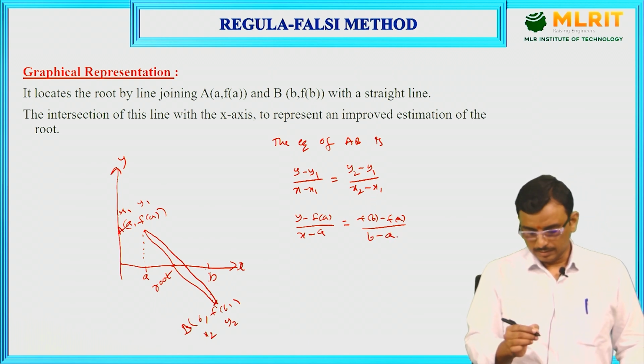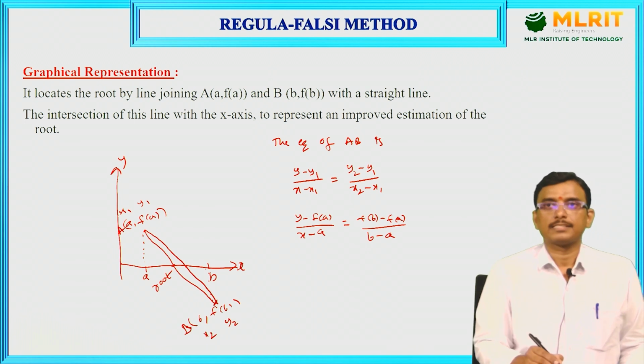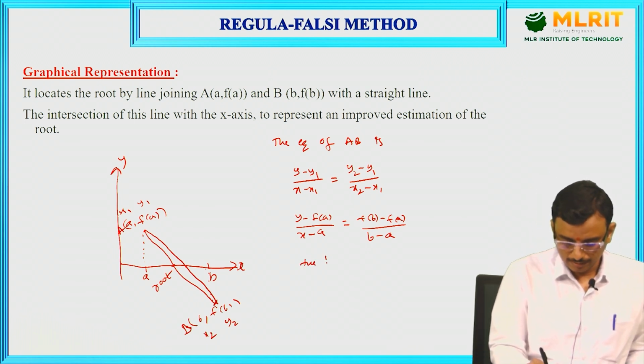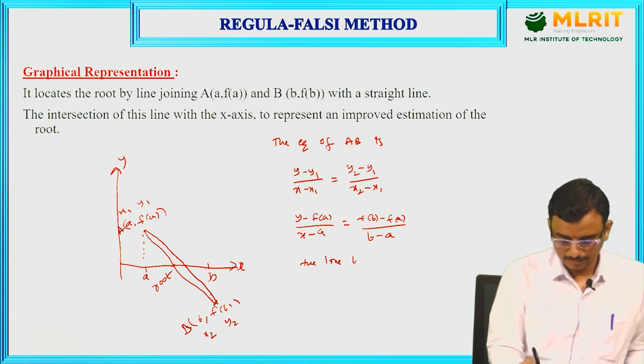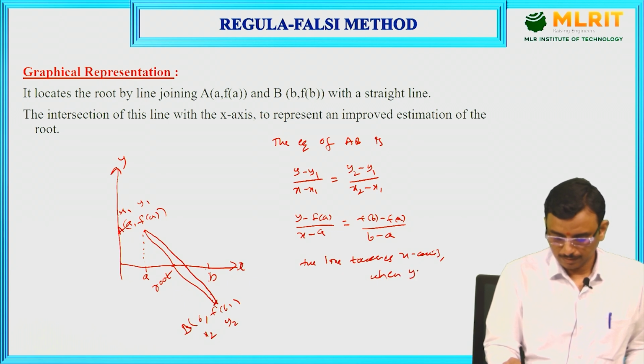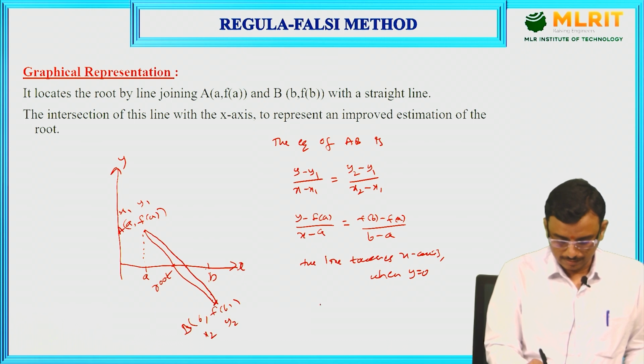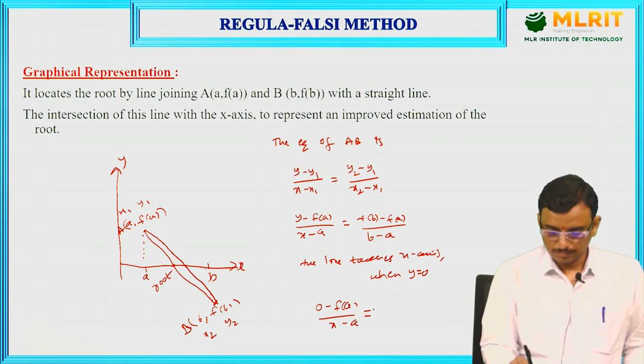But this line cuts the x axis when y is equal to 0. So, substituting y equal to 0, we get (0 minus f of a) by (x minus a) is equal to (f of b minus f of a) divided by (b minus a).